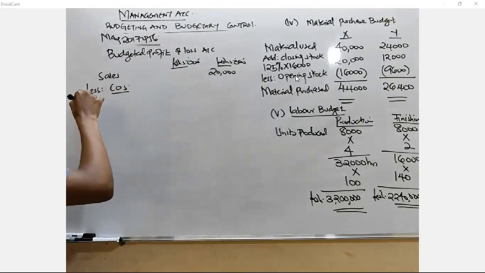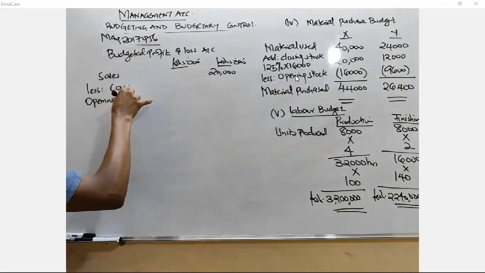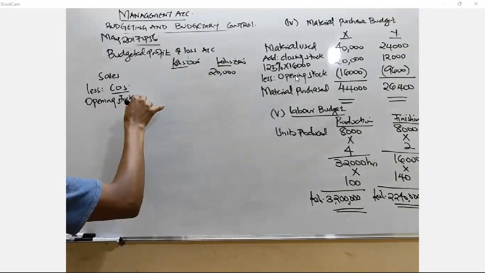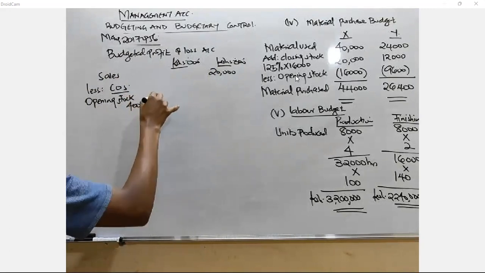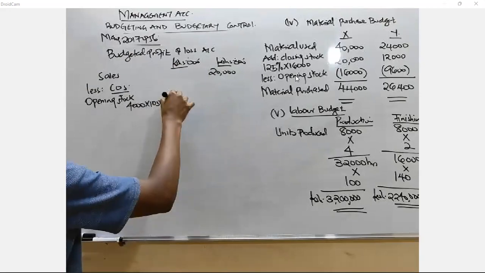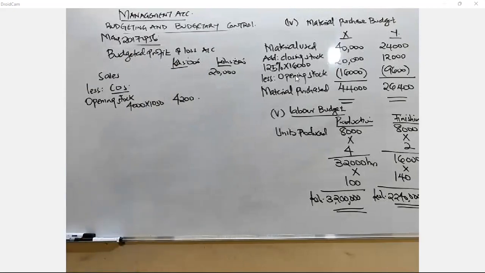So in this case, we start with the opening stock. Our opening stock of the finished goods as per the question is 4,000. The cost per unit is 1050. So when you take 4,000 times 1050, we're going to be getting 4,200. This information is from note number two.